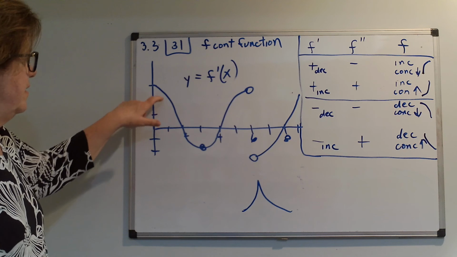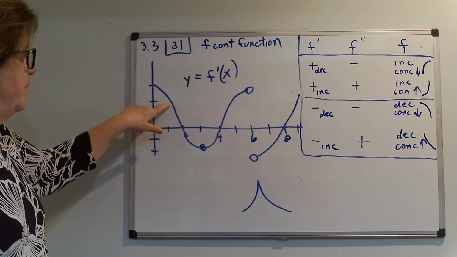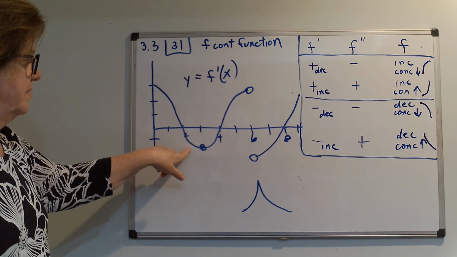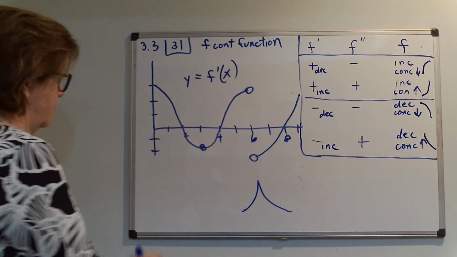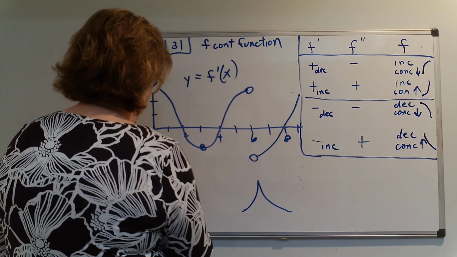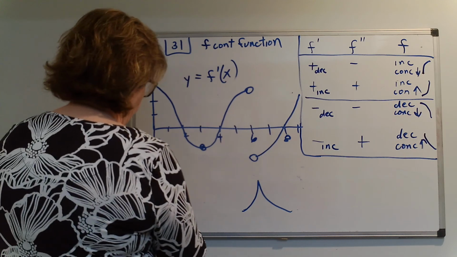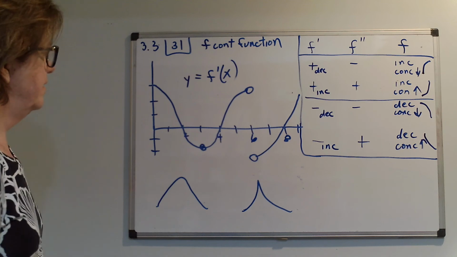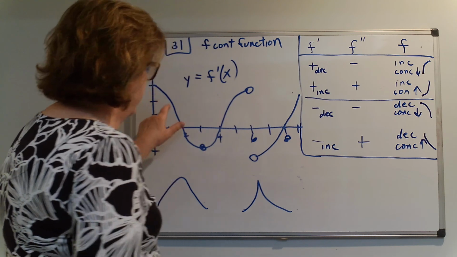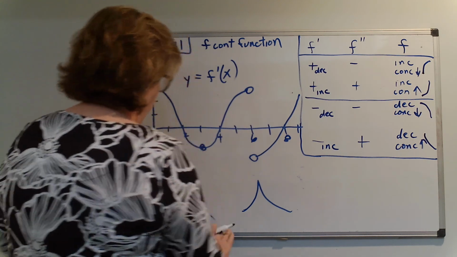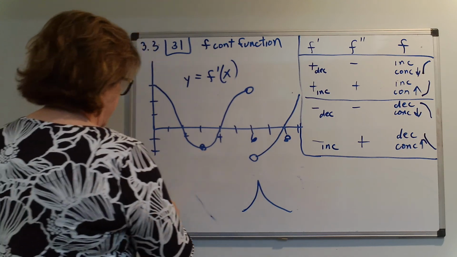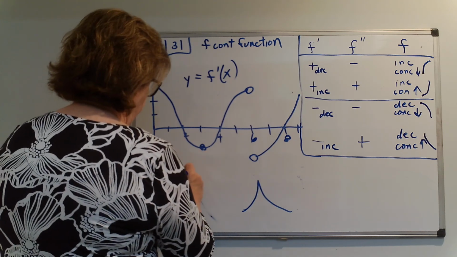Let's see. Here we go from increasing to decreasing, right? So out here we're going to have something like increasing to decreasing, something like this, right? Increasing to decreasing, and we have an inflection point here. So we're going to be going like this.